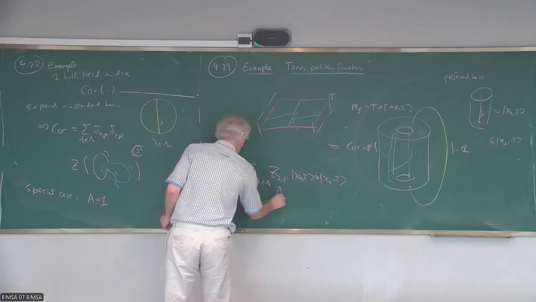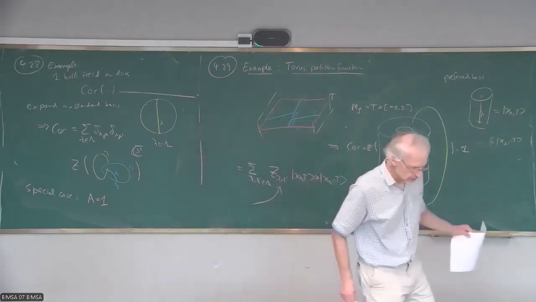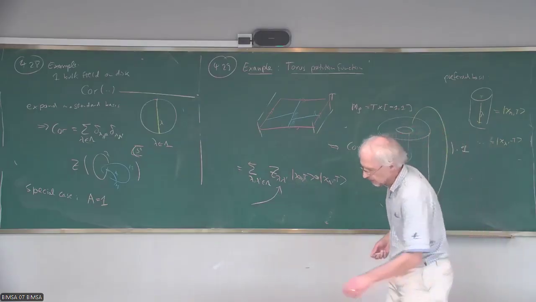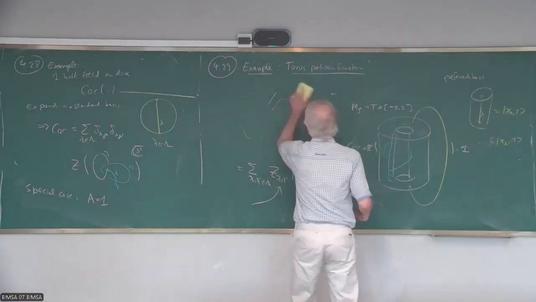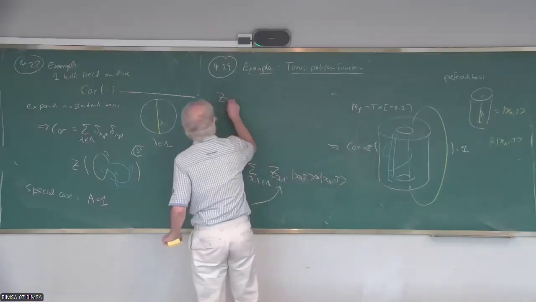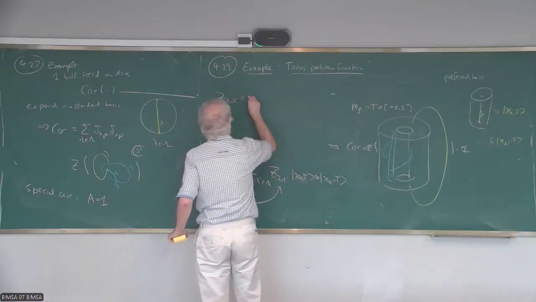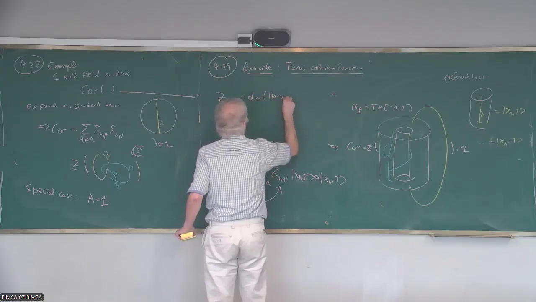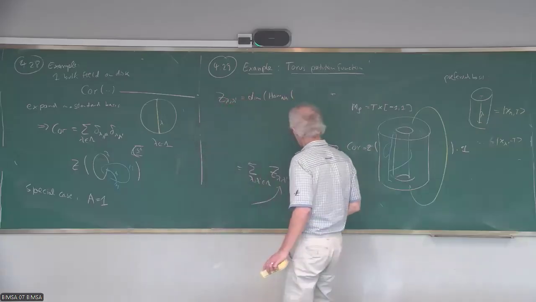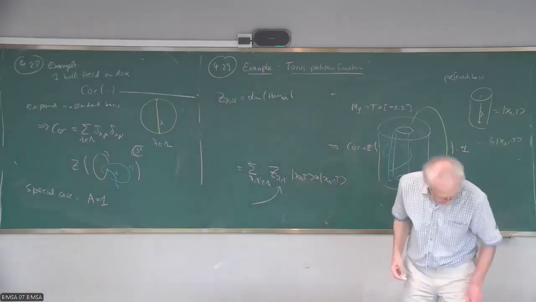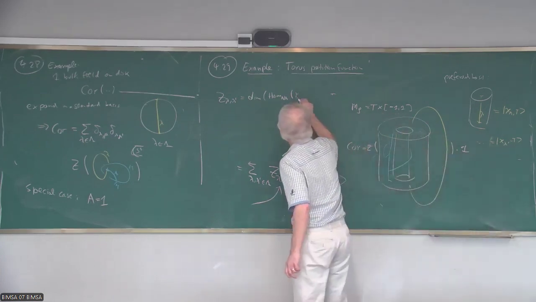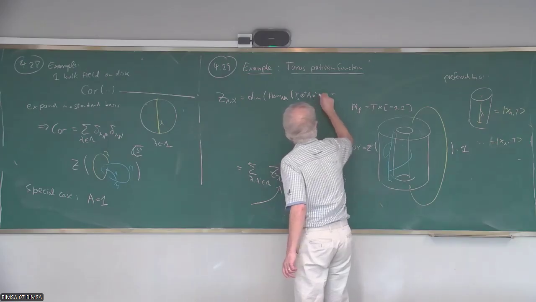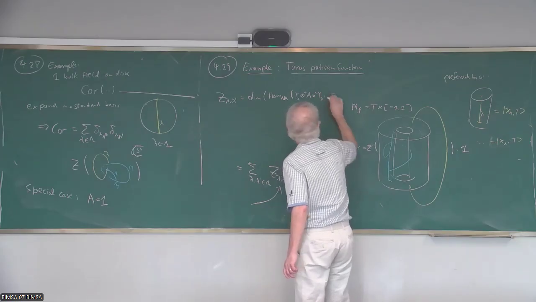And these numbers that you get here are precisely the dimensions of these spaces that I have written down before. I said Z lambda lambda prime is the dimension of the space of bimodule morphisms from y lambda tensor plus A tensor minus y lambda prime.